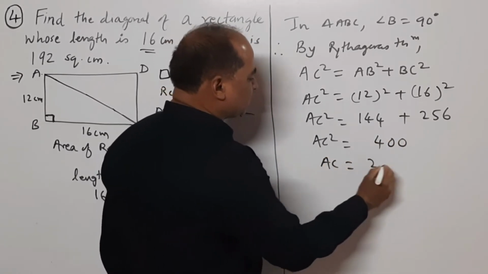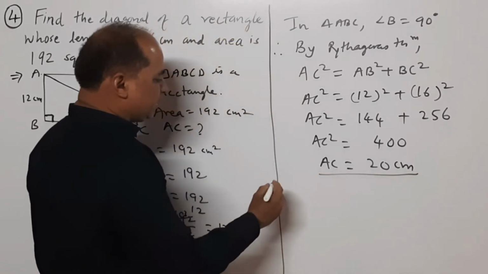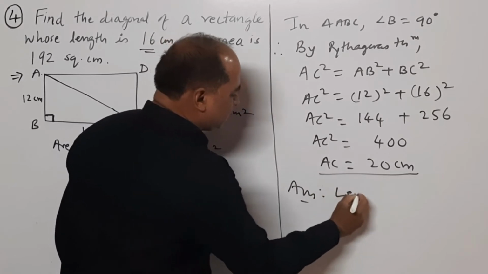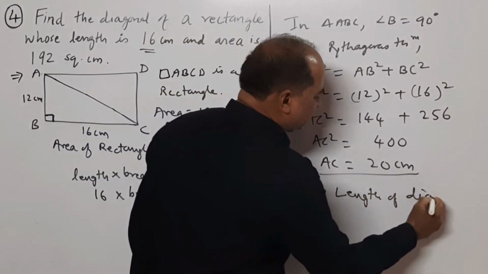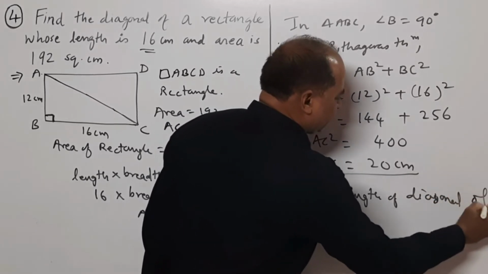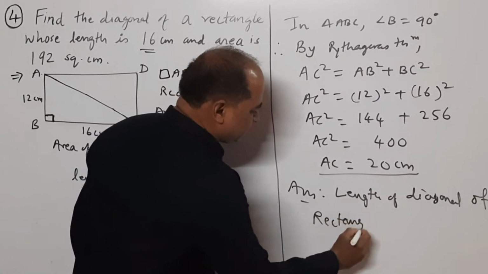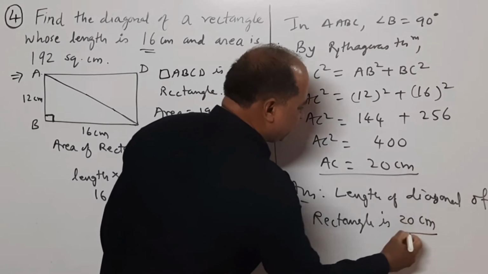Taking square root of both sides, AC is equal to 20 centimeters. So the answer: the length of the diagonal of the rectangle is 20 centimeters.